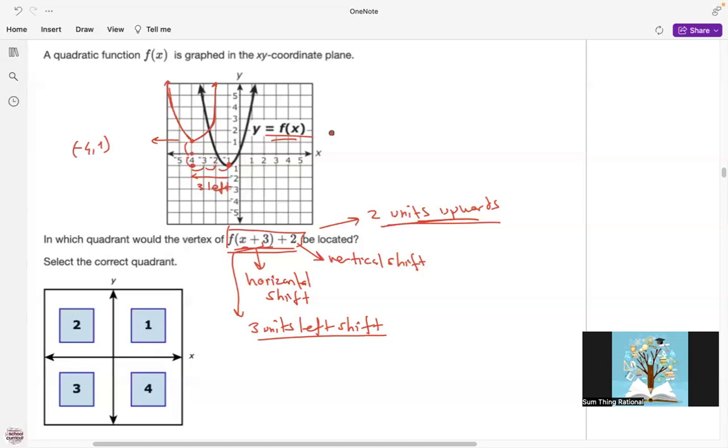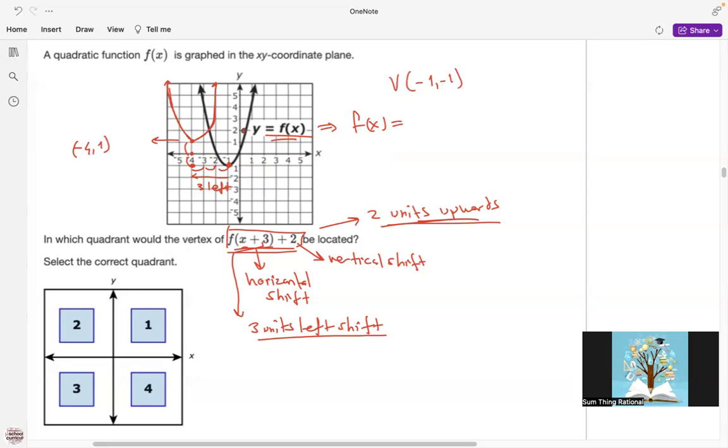Here is another approach to this question. If a calculator is allowed, we can find the equation of f of x. The vertex is at negative 1, negative 1.